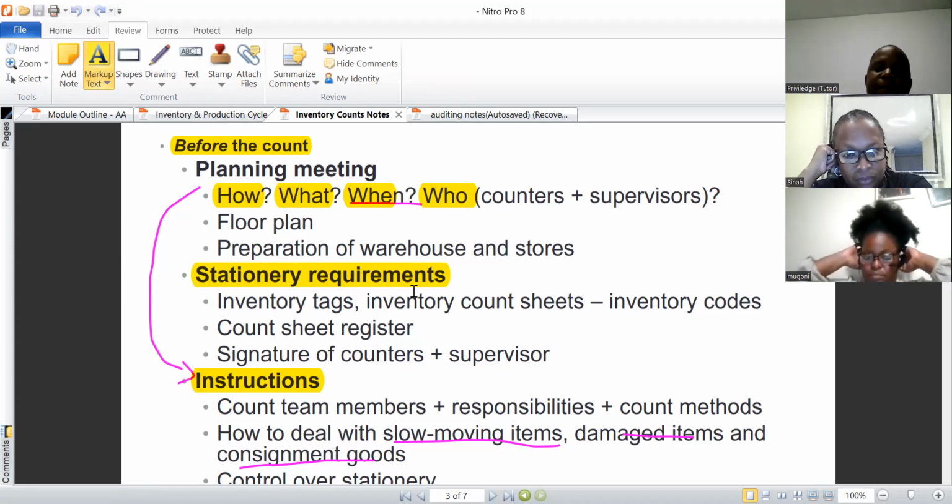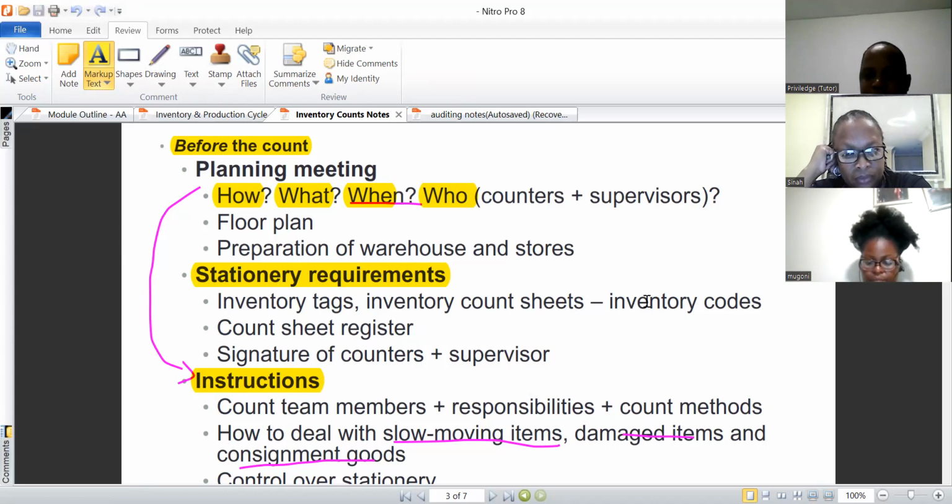So stationery requirements refers to the type of documents that they would use, and any other stationery possibly used for performing the inventory count process. This would involve inventory tags and inventory count sheets. On the inventory count sheets, that's where each counter would be recording what they've counted and the quantities or differences which they've discovered during the count.